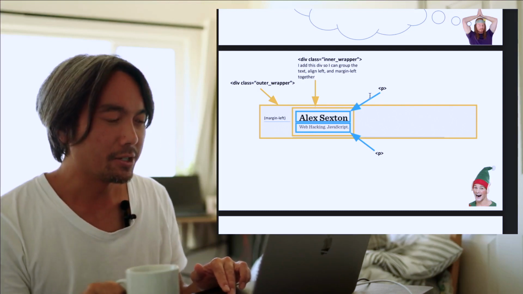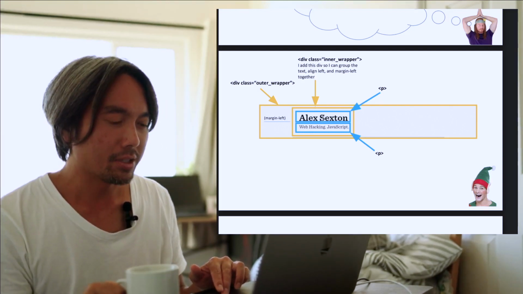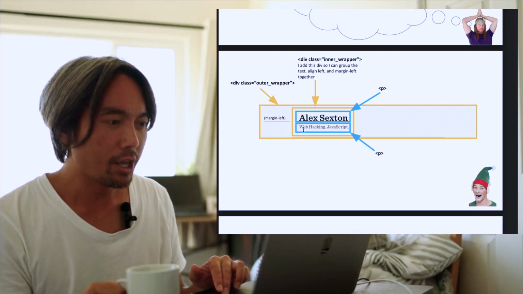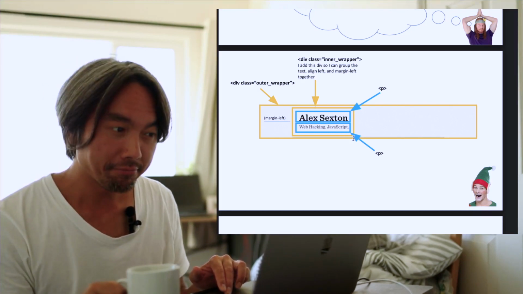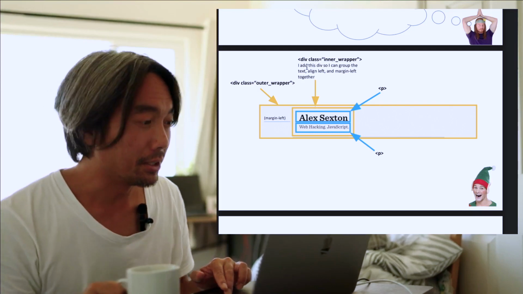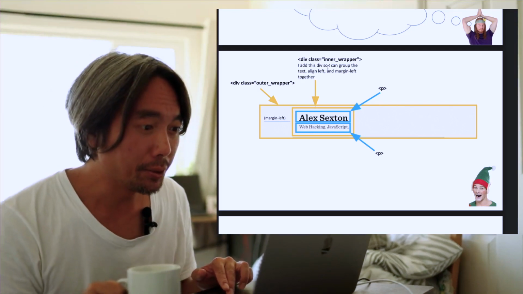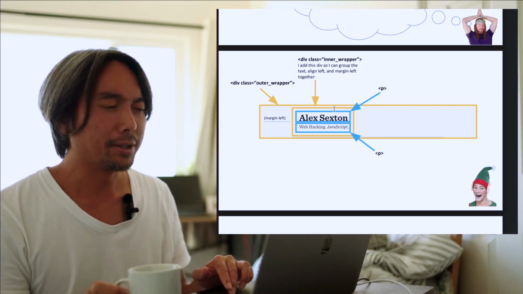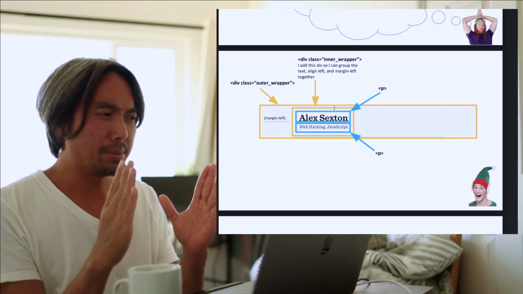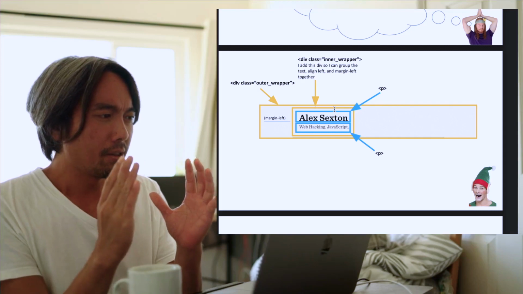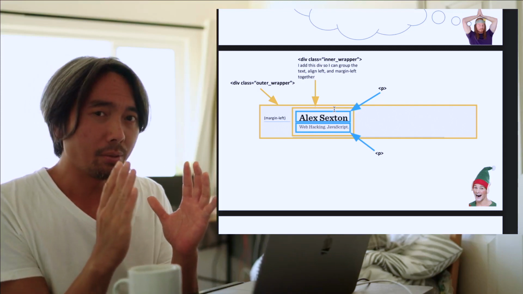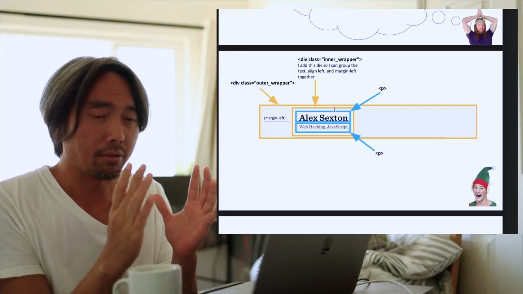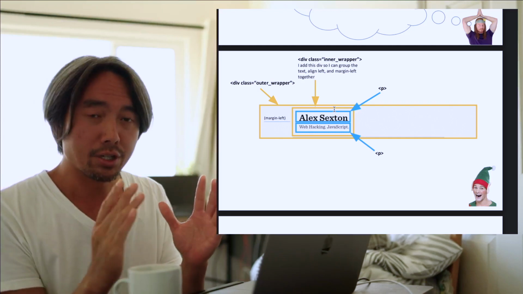And then finally, he chose some p tags for the name here and the subtitle here. He says, I add this div so I can group the text align left and margin left together. So he made this inner wrapper so it helps him position this piece of content the way the graphic design is, the way he wants it visually.